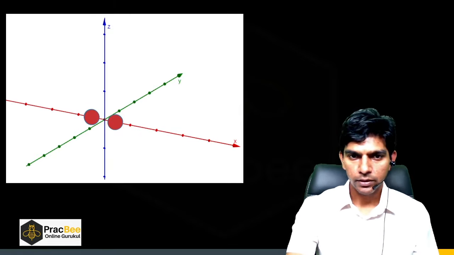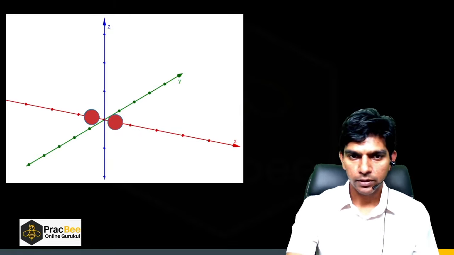Rotating about the y axis. But suppose if I want to rotate this molecule about the x axis, in that case, if it rotates about the x axis, both the masses lie on the x axis, and since the size of the molecule is very small, we can say the moment of inertia about the x axis will be nearly 0. So the rotational kinetic energy possessed by the diatomic molecule about the x axis will be 0.